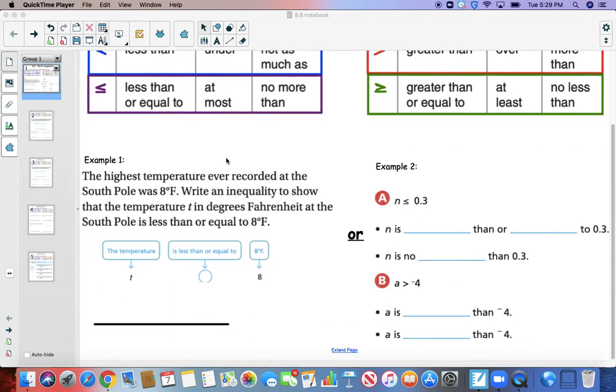Example one of what you're going to have to do today is write an inequality based on a sentence. The highest temperature ever recorded at the South Pole was 8 degrees Fahrenheit. Write an inequality to show that the temperature T in degrees Fahrenheit at the South Pole is less than or equal to 8 degrees Fahrenheit.